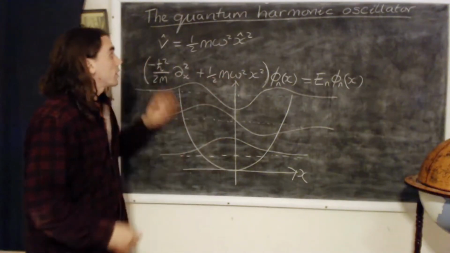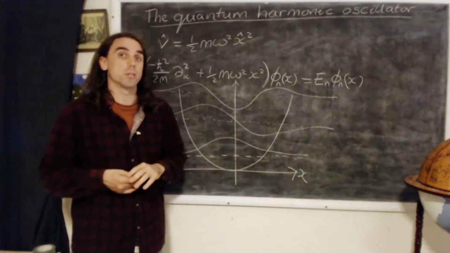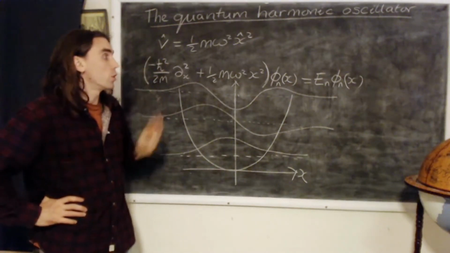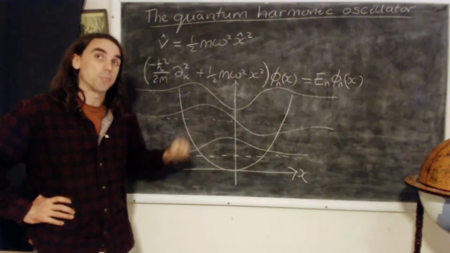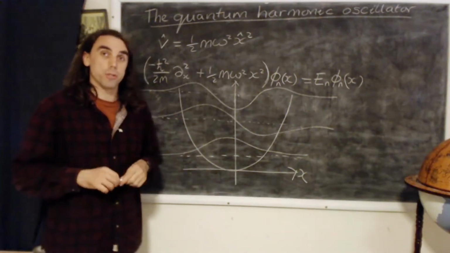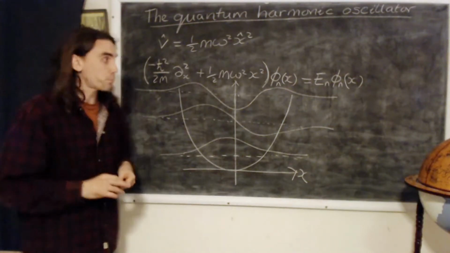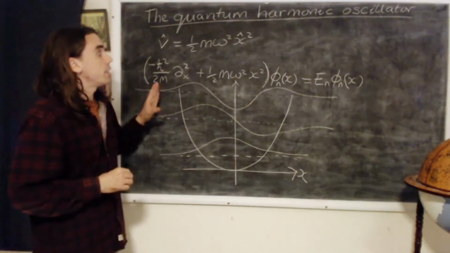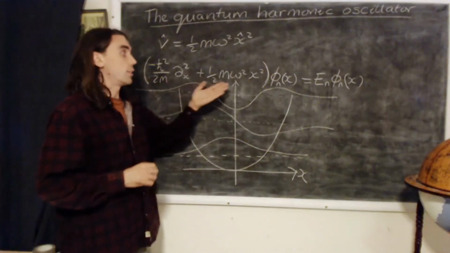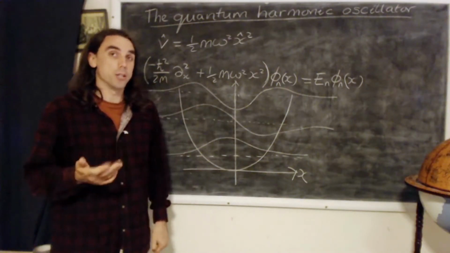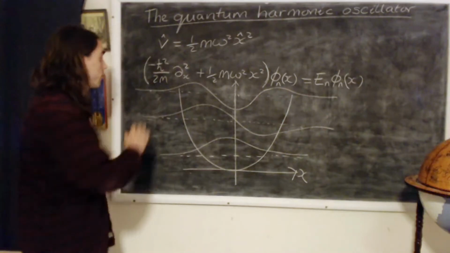So the harmonic oscillator is often a very good approximation to questions of physical interest, but we can also solve it exactly and analytically. So it'll prove useful in a lot of other problems that you'll see later on in your career. So let's take a look in this video at solving it the old-fashioned way by using differential equations, and then we'll look at a much more elegant way using operators in a future video.